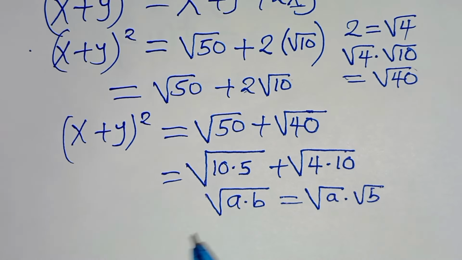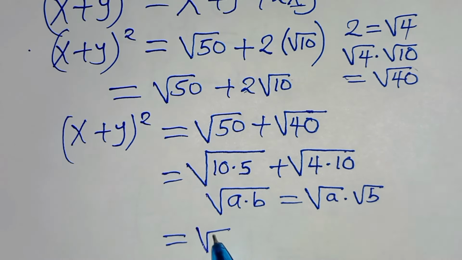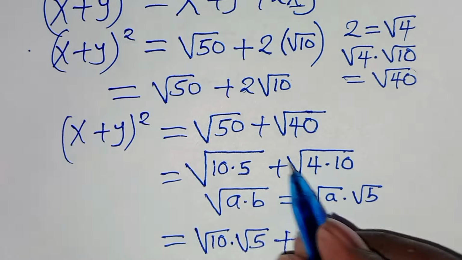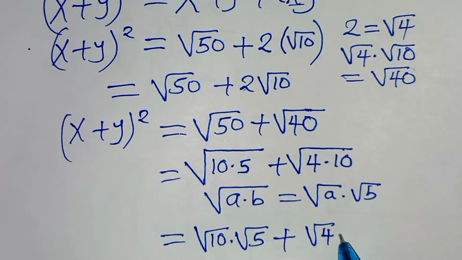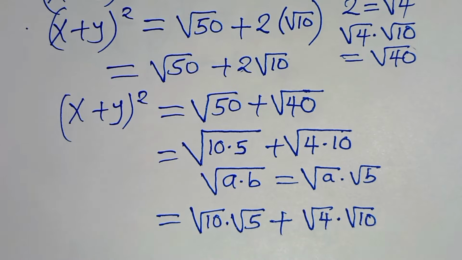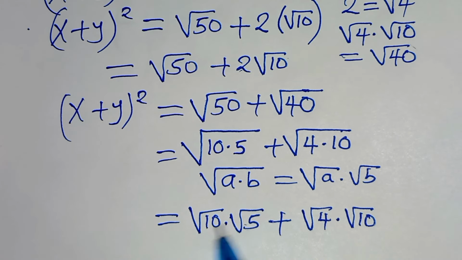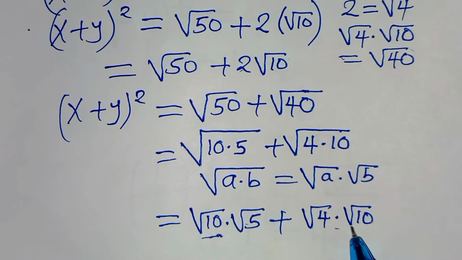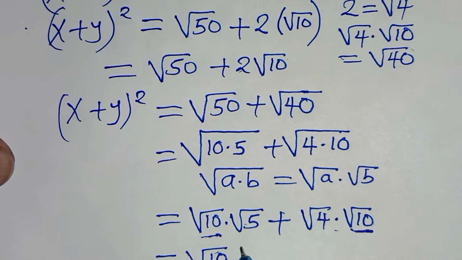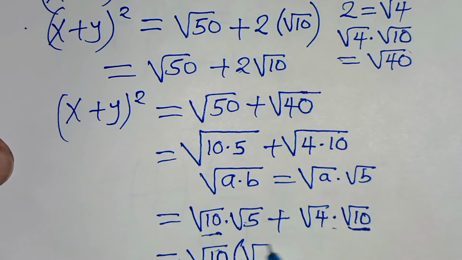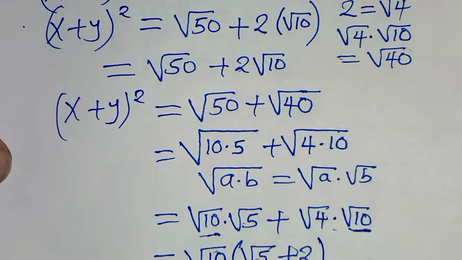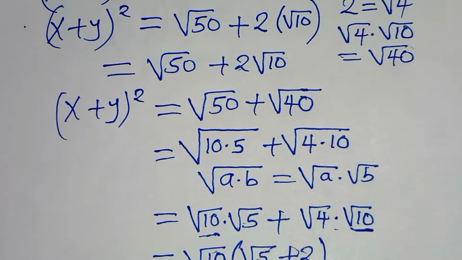And this implies that here we have square root of 10 times square root of 5, then plus square root of 4 times square root of 10. So you can see we have square root of 10 common, so we can factor out square root of 10 into the parentheses. Here we have square root of 5 plus, now square root of 4, this is the same thing as 2. So let's proceed from here.